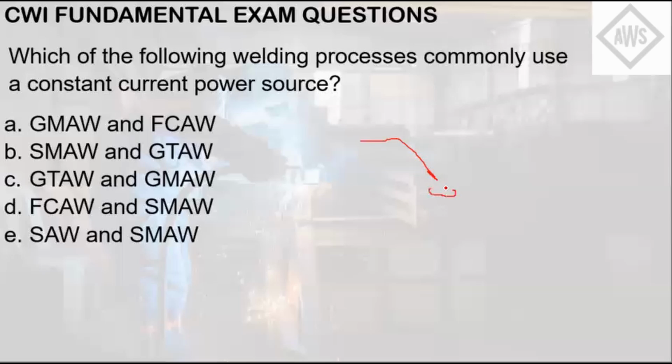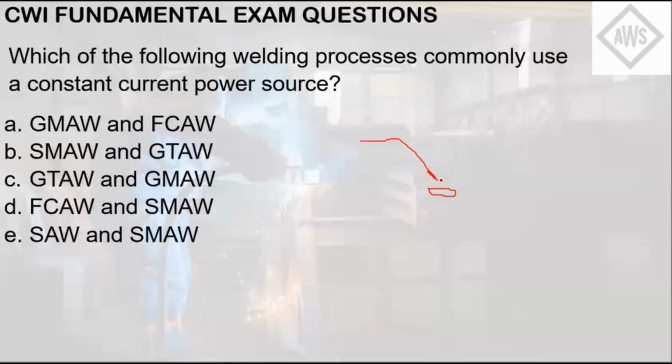For example, the amount of distance that the tip of the electrode spends on that molten puddle, and the amount of current that is being produced through the welding machine.